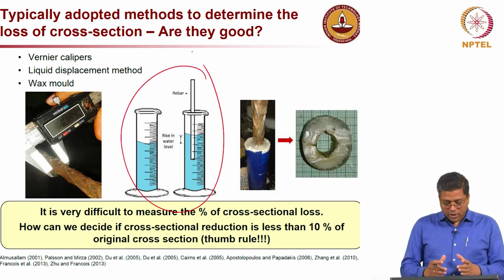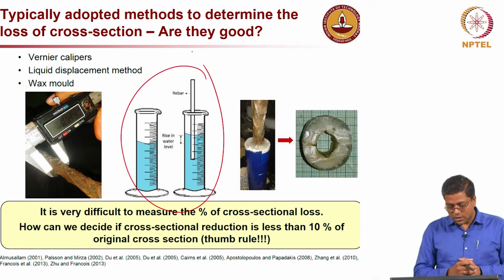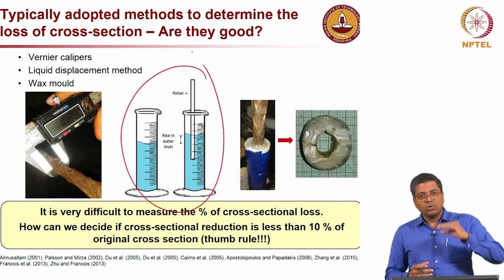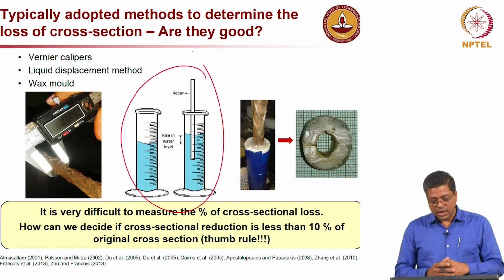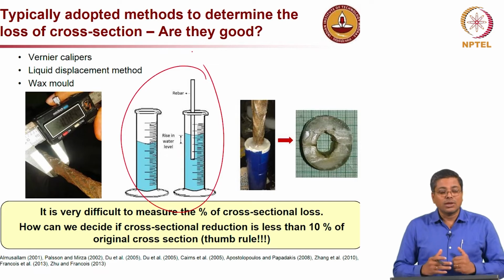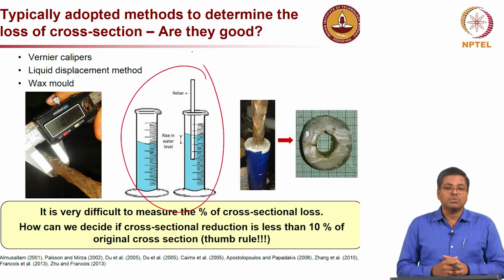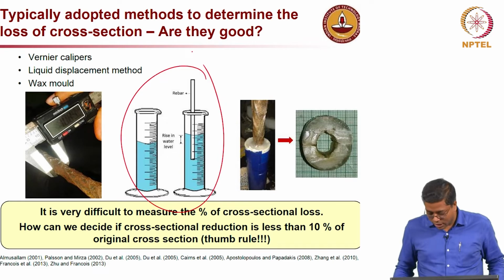Even here what we tried was we put a graduated cylinder, you first place solution in that and then immerse a rebar and then try to see how much water is displaced, and even that did not give you a very accurate result. We even tried with kerosene, and even that did not help much.